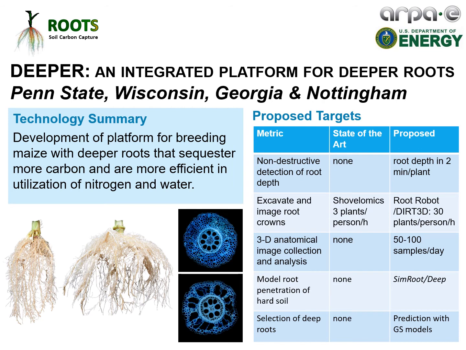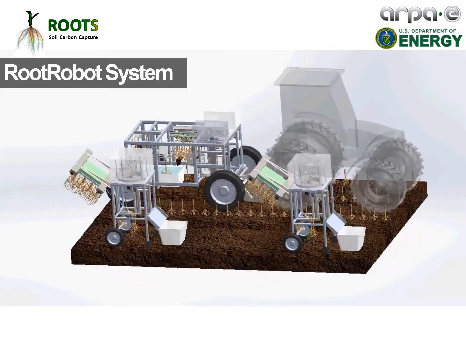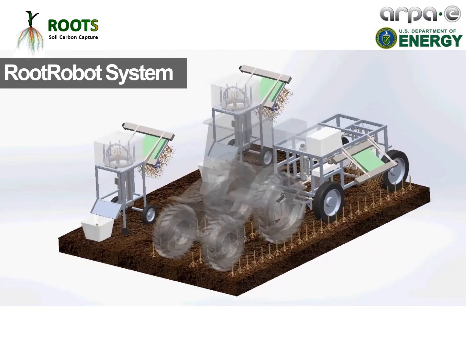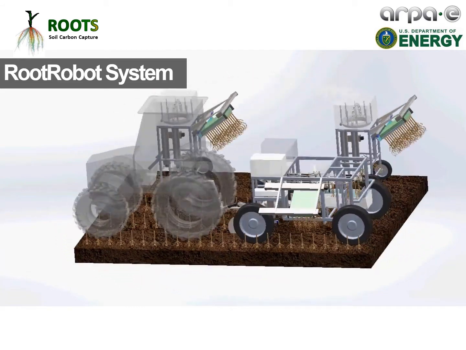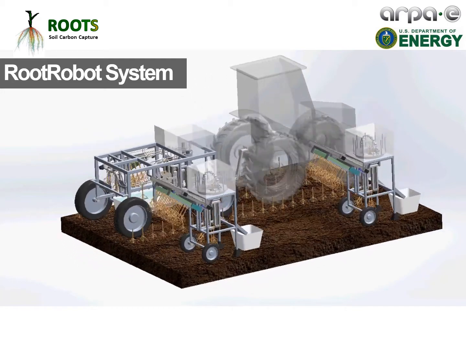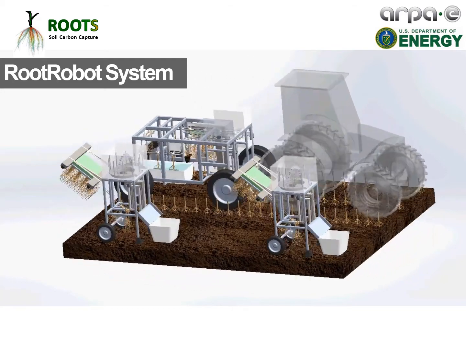I'd like to talk a little bit about one of the invasive approaches that we're proposing, which involves the use of what we term the root robot. The root robot features a tractor pulled facility which automates the shovelomics process.